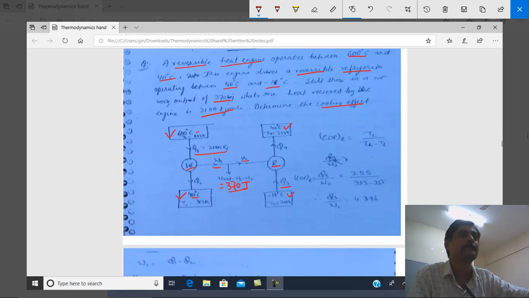This reversible refrigerator extracts Q3 amount of heat from the lower temperature reservoir and Q4 amount of heat is rejected to the higher temperature reservoir at 40 degrees centigrade. We have to find the quantity Q3, the refrigeration effect.